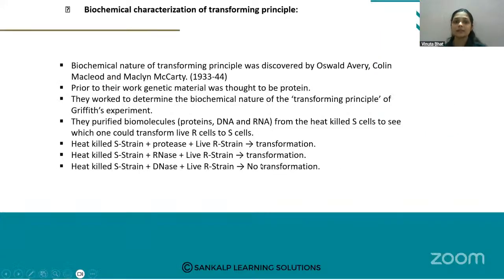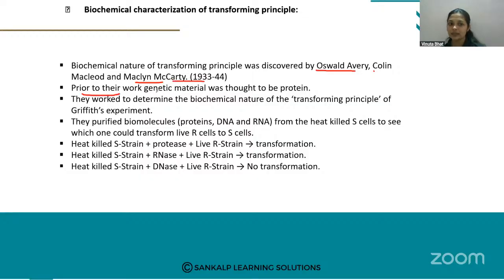Then another experiment was done based on Griffith's observation, that is the biochemical characterization of the transforming principle. This experiment was given by Oswald Avery, Colin MacLeod, and Maclyn McCarty.